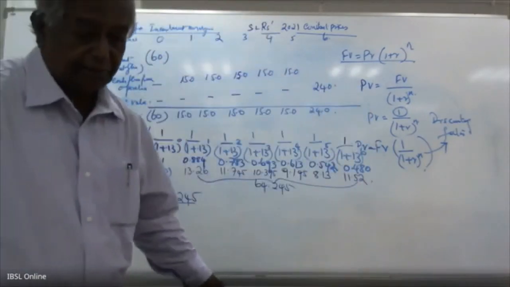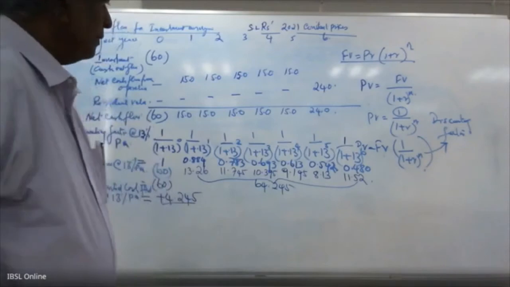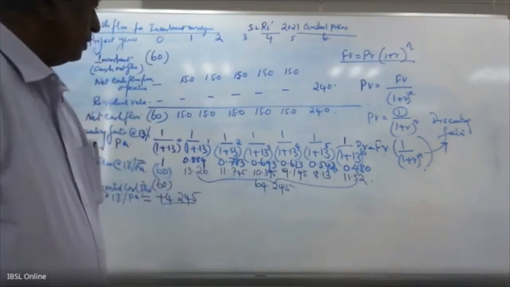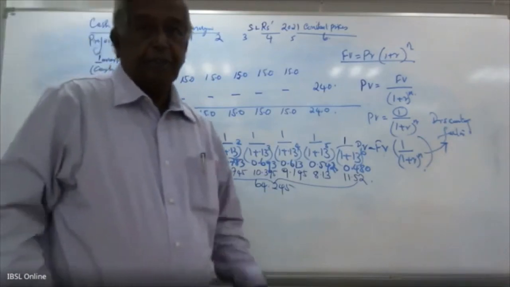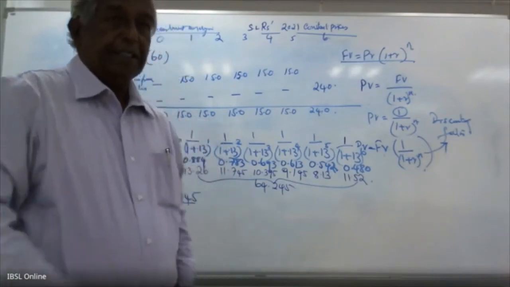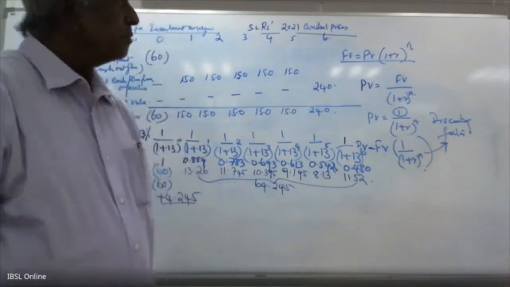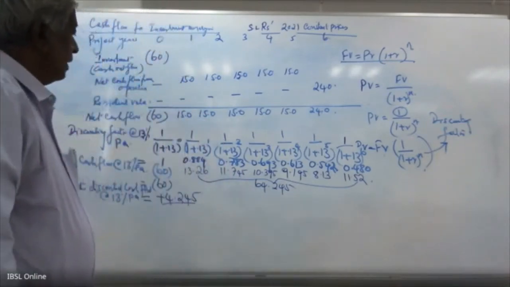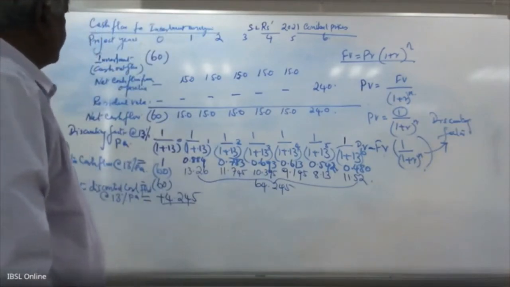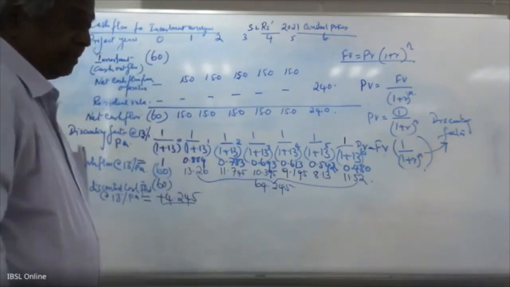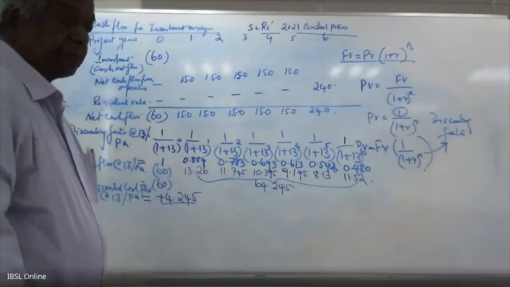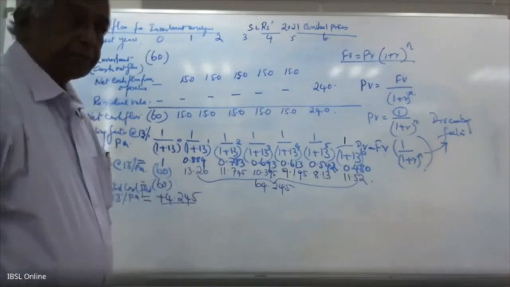We start now, right? So once again, we have done this discounting. By discounting at the borrowing interest rate of 18%, this investment is not worthy.